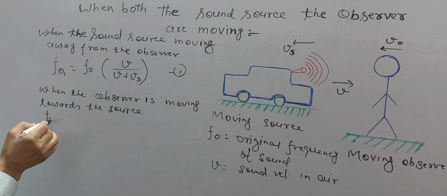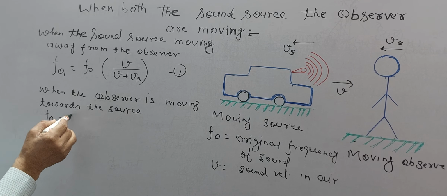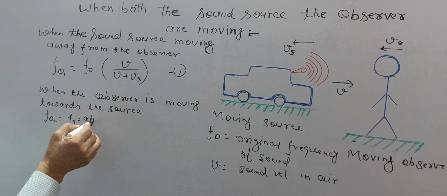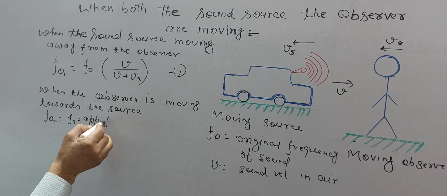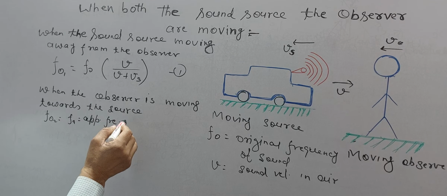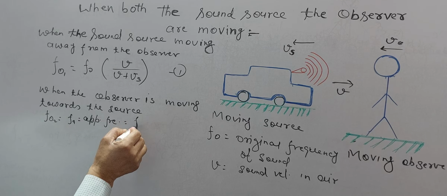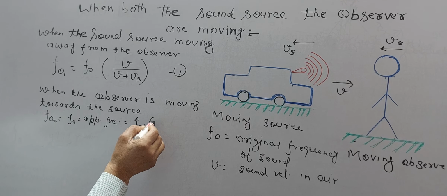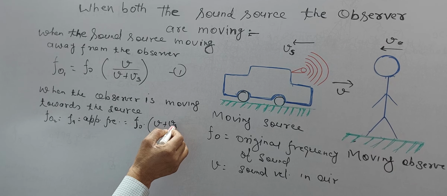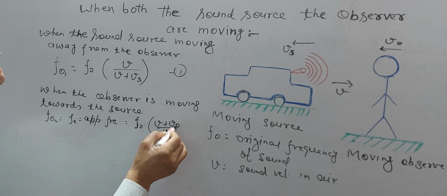Now the apparent frequency, suppose this is fa, will be fo1, not fo here, multiplied by V plus the observer velocity, divided by the sound velocity in air.